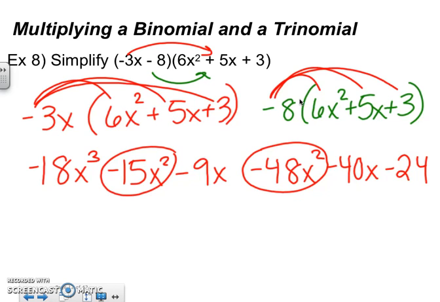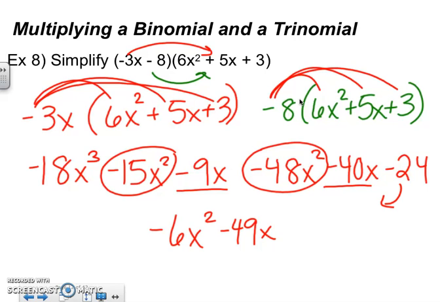So then negative 15 minus 48 it's going to be negative 63x squared. Not cubed, squared. I'm going to start with just my x terms and get negative 49x.